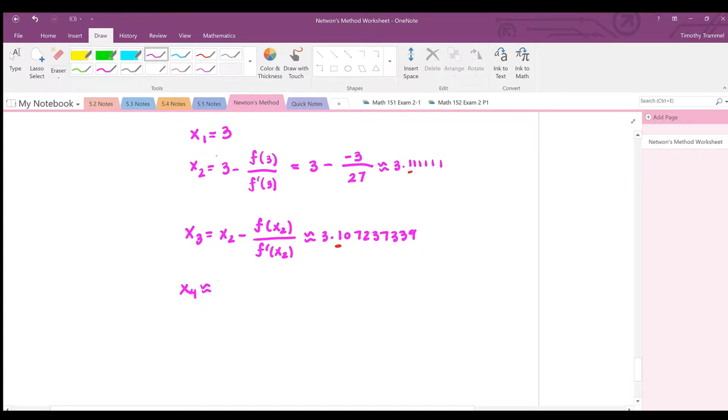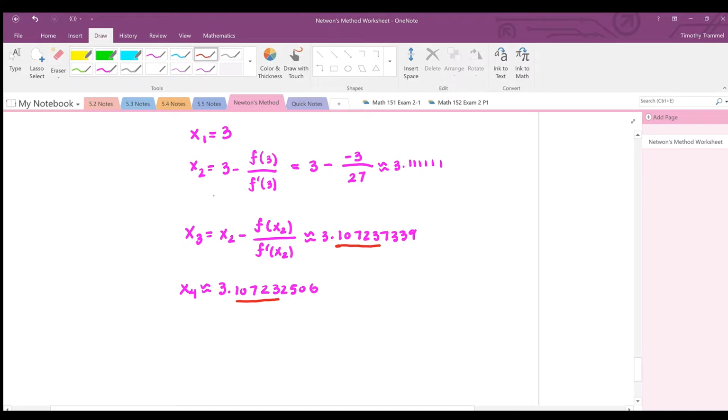If we do that, it looks like we should get x4 is equal to 3.107232506. So we can up this accuracy now. We have 10723 in common, and that means we have 5 decimal places of accuracy.